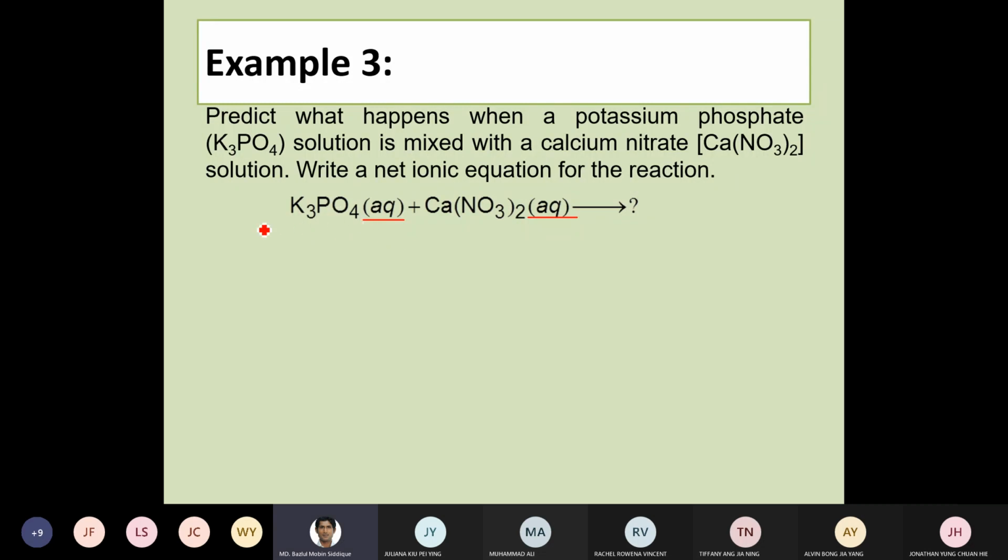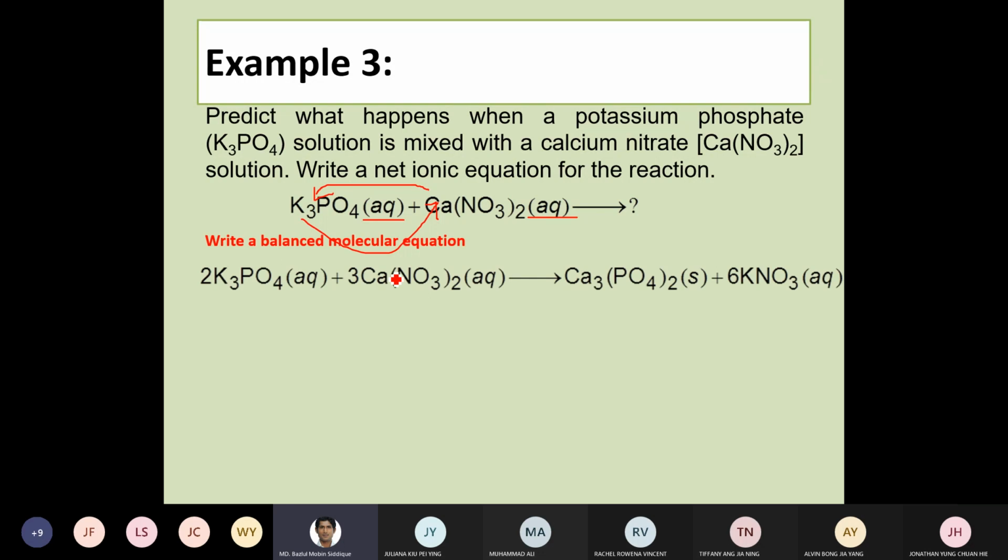So what will happen is calcium will be replaced by potassium, and this is a double replacement if you want to say. Potassium will replace the calcium, and then potassium nitrate will form, but calcium will come close to the phosphate ion and they will form calcium phosphate. Calcium phosphate and potassium nitrate are being produced.